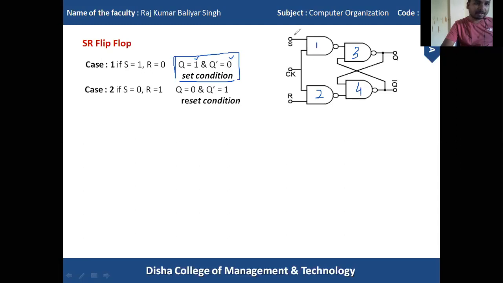So I am taking S equals 0, R equals 1, and I said that clock is 1 here. I supply clock is 1. The clock is 1 means clock is in active state. In the last class, I said that clock value is fluctuating from 0 to 1.